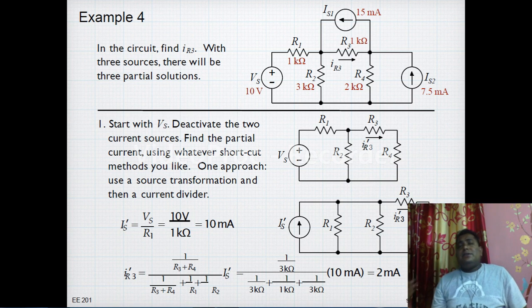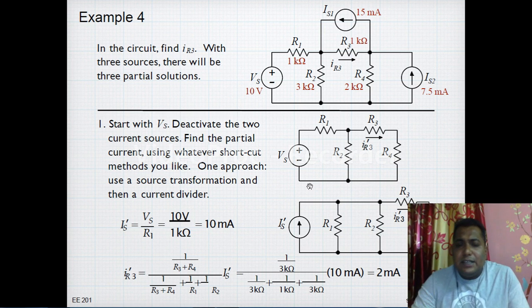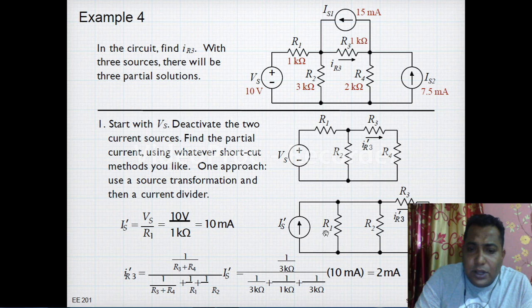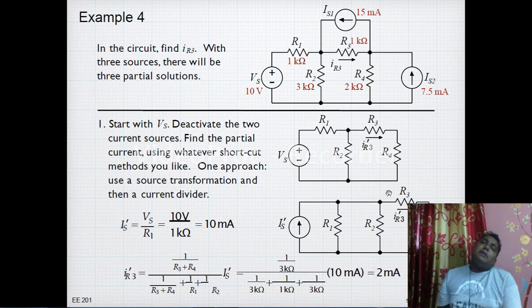So we are just recapping the previous concept that we have already done: what is source conversion and how to do it. Here the voltage source is converted so that the calculation can be much simpler.